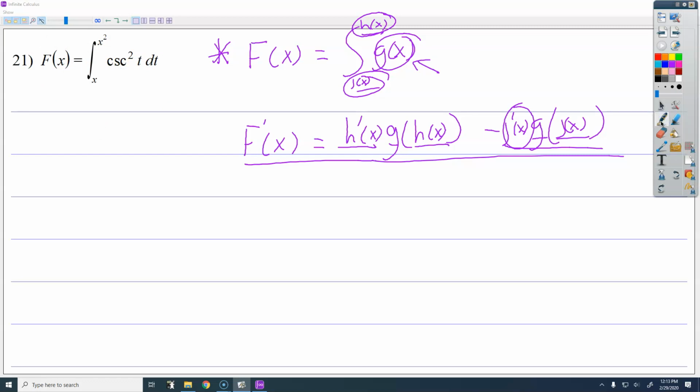So in this case, the h function is x squared, the j function is x, and the g function is cosecant squared. We're being asked to find f prime.